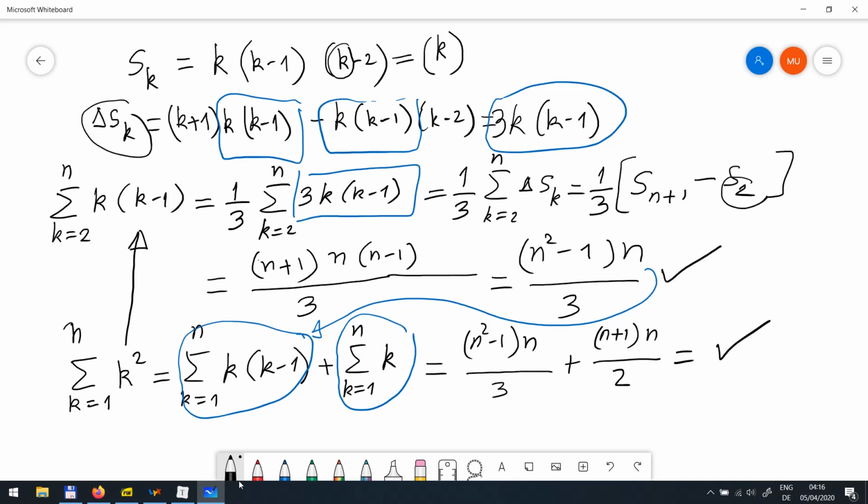You start from k, you go down, and you stop when you have 3 factors. So I start from k, 1 factor, then 2 factors, and then 3 factors. I write that 3 here. So the number of factors will be here.